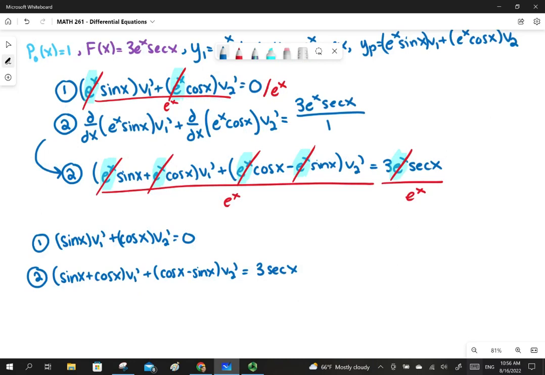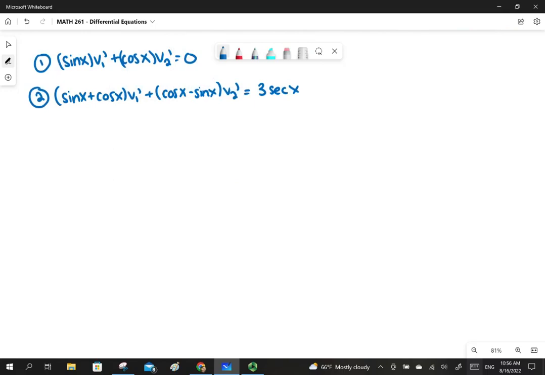I tend to use Cramer's rule, but that's just personal preference. Again, I encourage you to pause the video, solve this system yourself, and press play when you're ready. If you choose to use Cramer's rule, you have to set up a matrix equation.